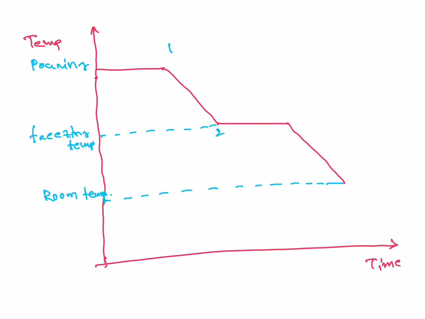One to 2, and 2 to 3, 3 to 4. 1 to 2 liquid shrinkage, 2 to 3 solidification or phase transformation shrinkage, then solid shrinkage.